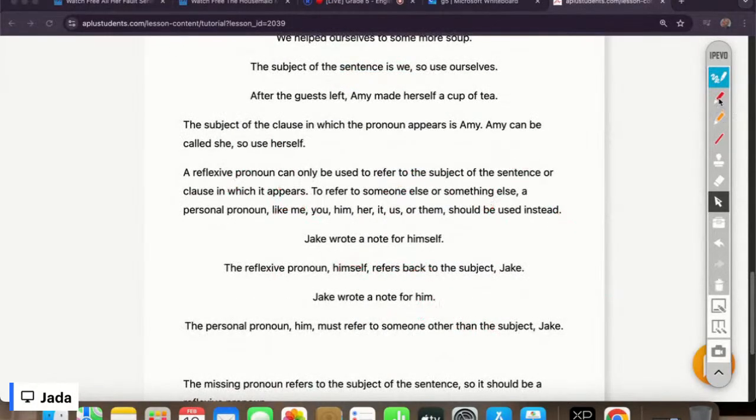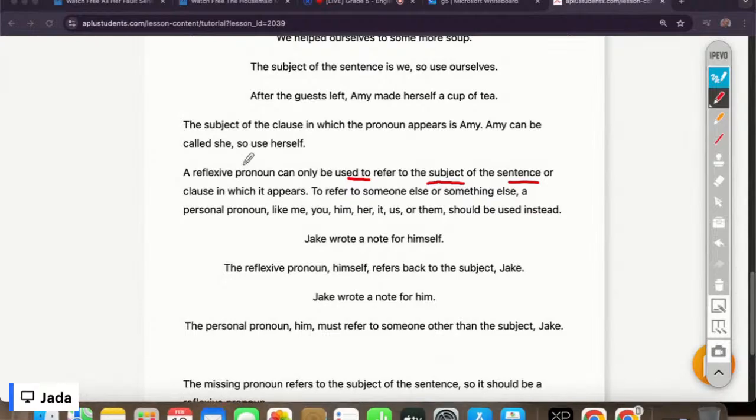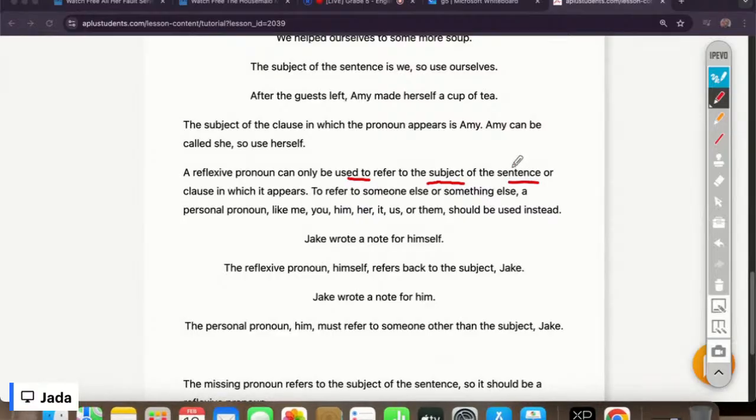Then, a reflexive pronoun can only be used to refer to the subject of the sentence or clause in which it appears. So to refer to someone else or something else, a personal pronoun like me, you, him, her, it, or them should be used instead.